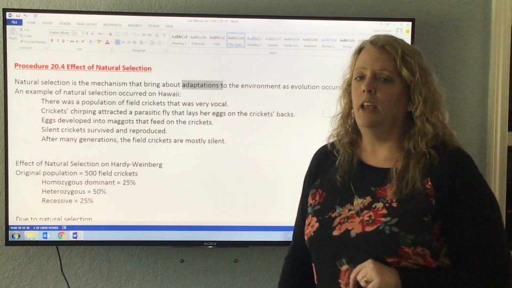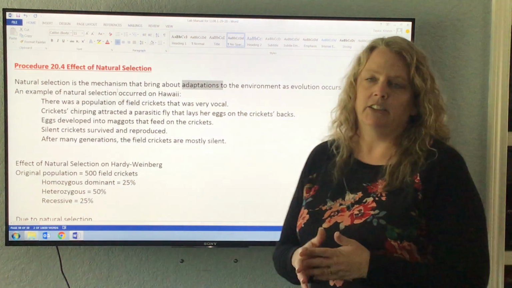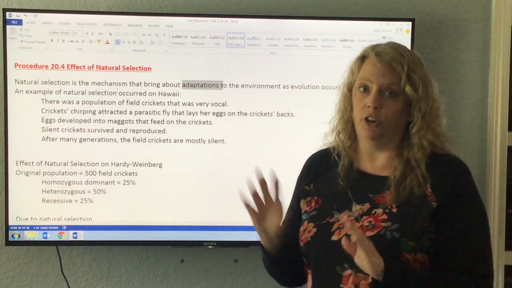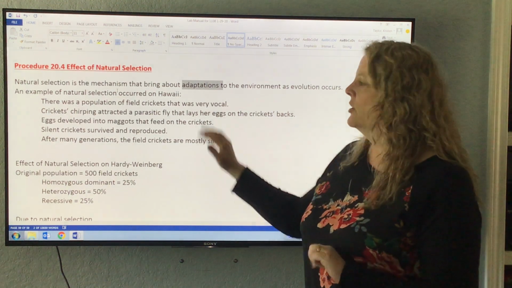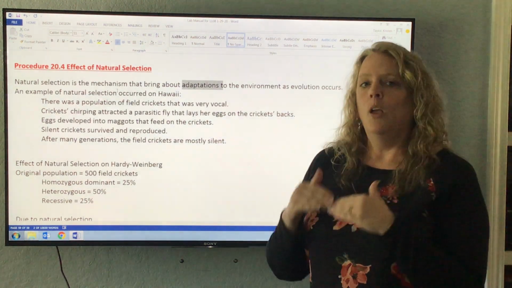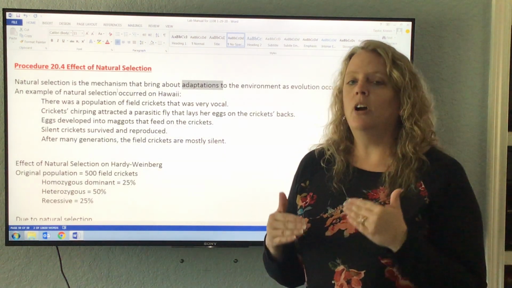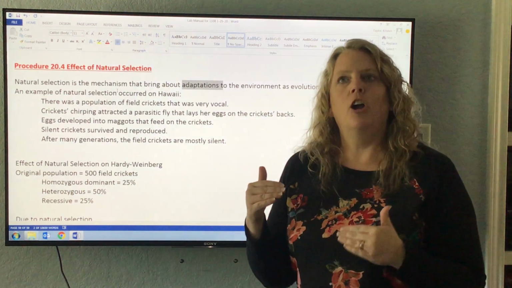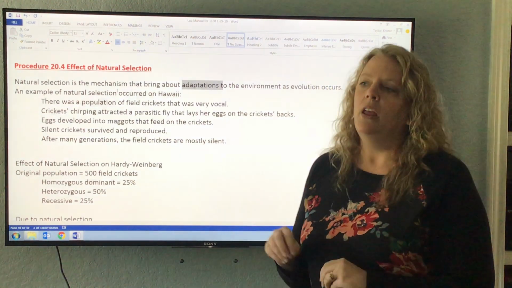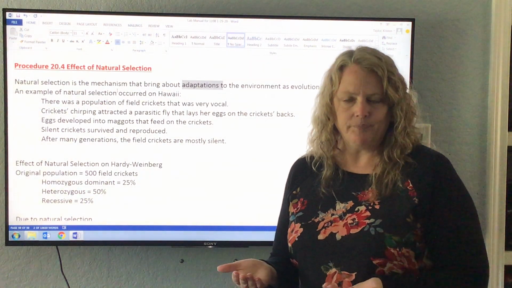Now, we are looking at a particular population of crickets. They live in Hawaii. So how horrible for the people that have to move to Hawaii to do this research. They get the baseline by going out and counting the number of crickets that are vocal, able to chirp. In order for those crickets to chirp, they have to be dominant.